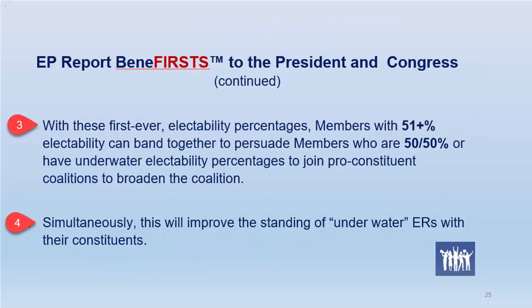With these first-ever electability percentages, members with 51% plus electability, now core coalition builders, can band together to persuade members who are 50-50% or have underwater electability percentages to join pro-constituent coalitions to broaden the coalition. Simultaneously, this will improve the standing of underwater ERs with their constituents.